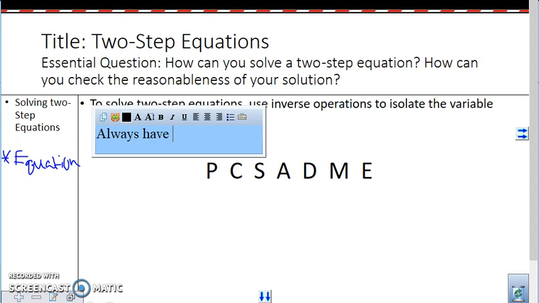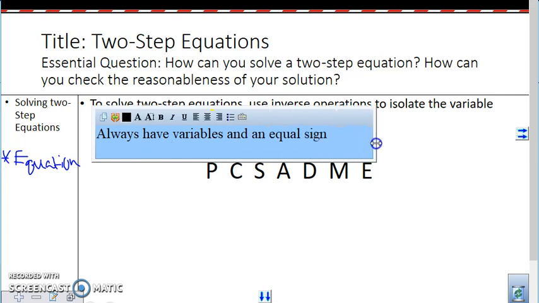That's those letters, remember, letters. Variables. And an equal sign. So if you are missing one of those two things, you don't have an equation. Always check, if it says solve the equation, that you have an equation.